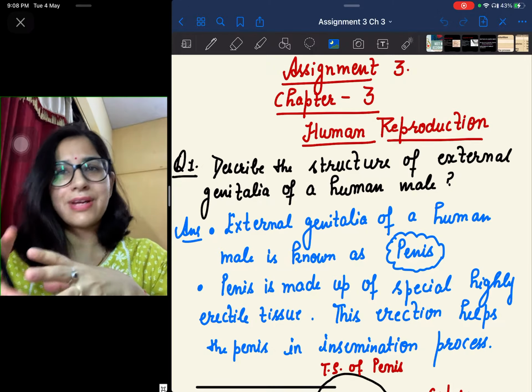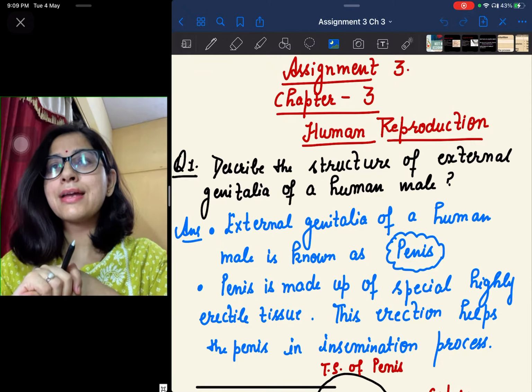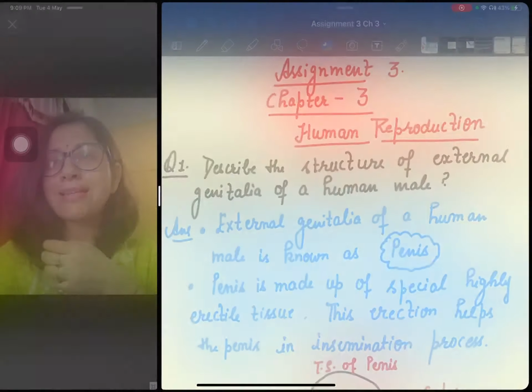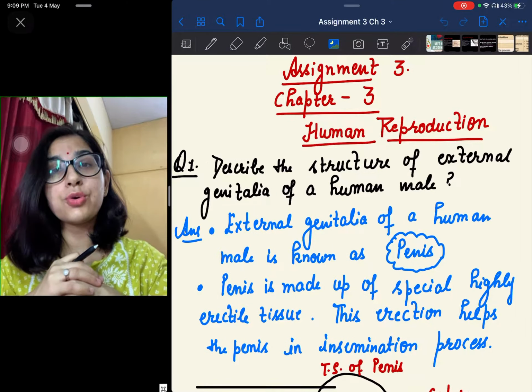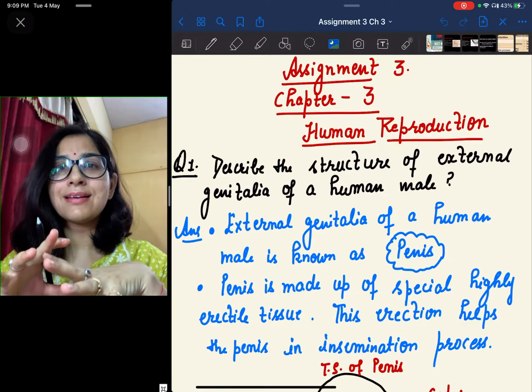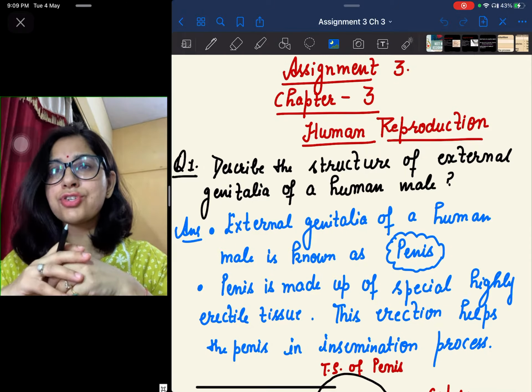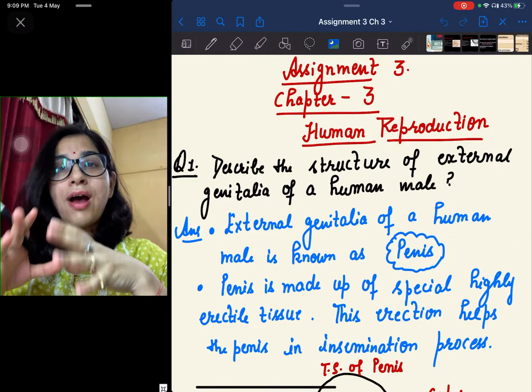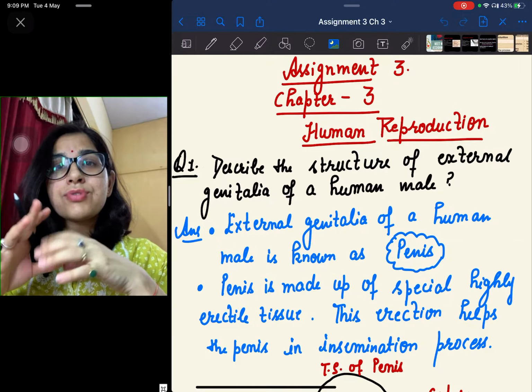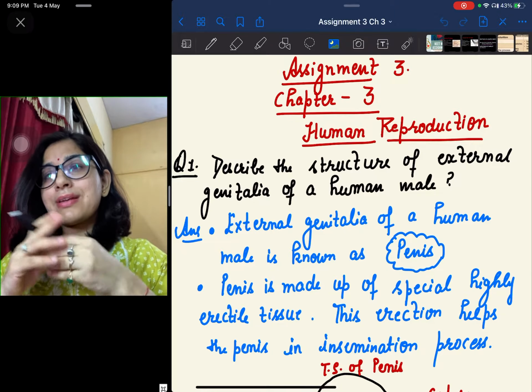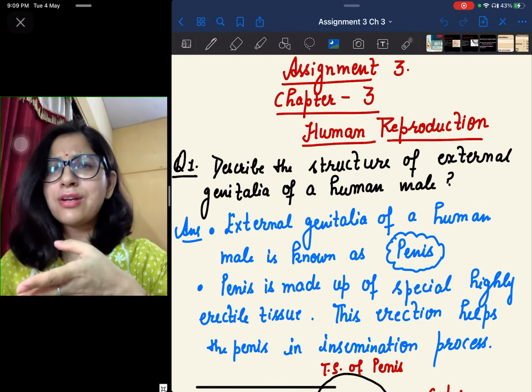So the question is very simple: describe the structure of external genitalia of a human male. The first thing that comes to mind after reading this question is that you have to tell what the external genitalia in males is. It is the penis, right? It is the external genitalia. First, write down its name.